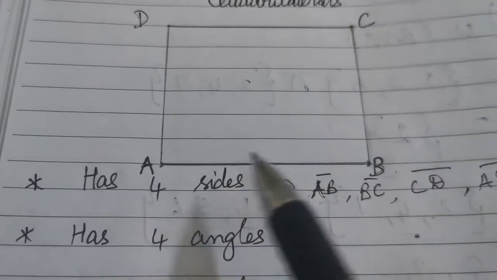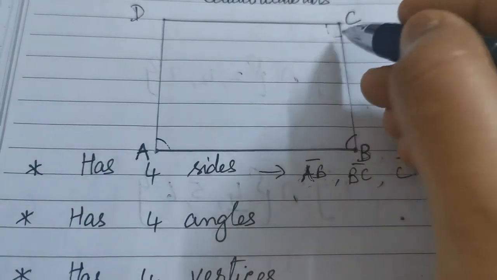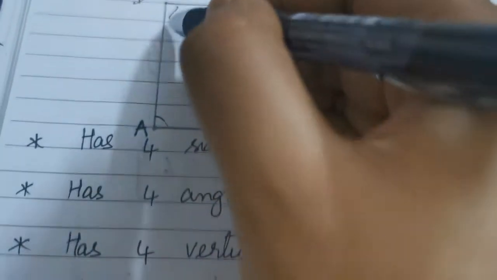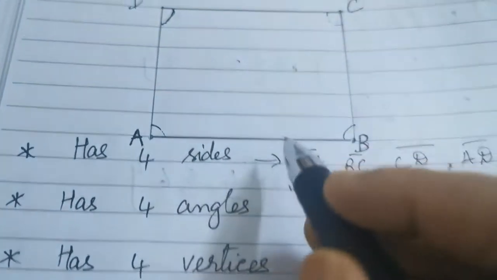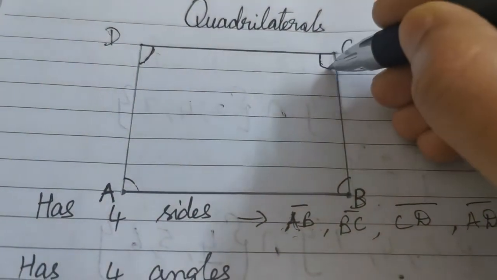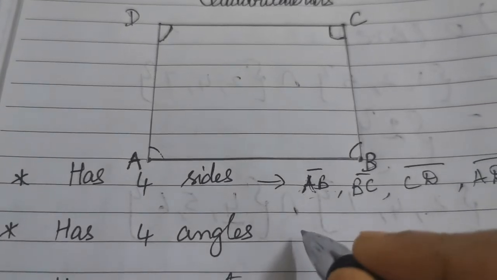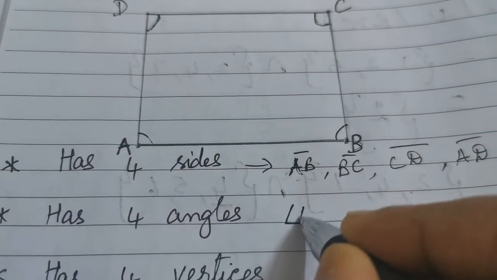Now it has four angles: A, B, C, D. Angle A, angle B, angle C and angle D. We name angles in this way.